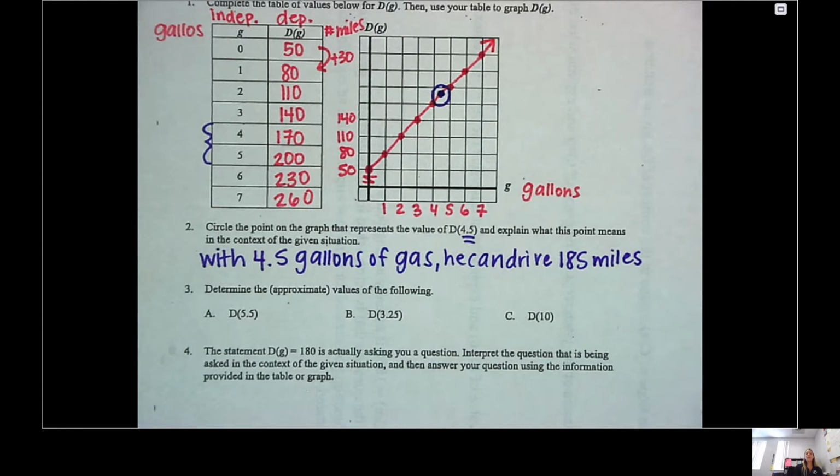Okay, so for number 3, using this graph here or using the table, take a second. I want you to determine the approximate values of the following. So if I put in 5.5 gallons, how far can I go? If I put in 3.25 gallons, how far could I go? If I put in 10, how far could I go? So look at the table, look at your graph, and I want you to try to answer those 3 little pieces there.